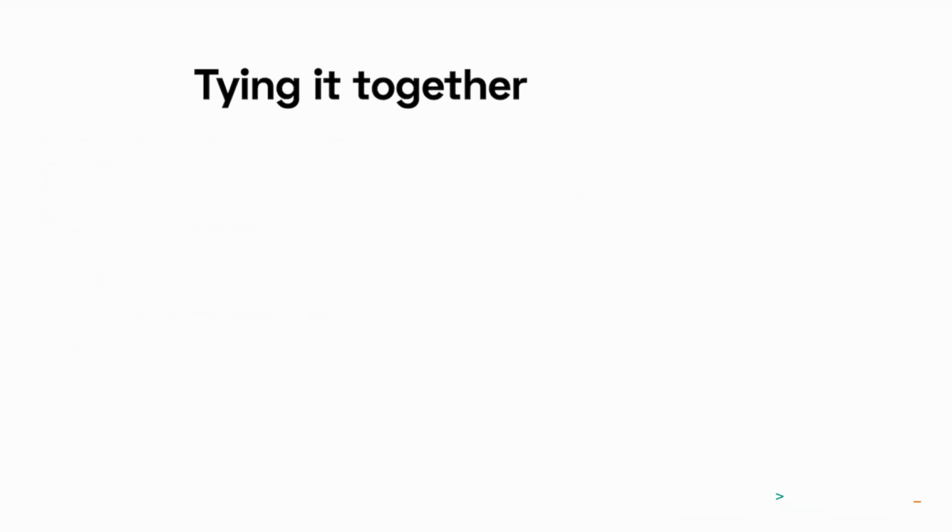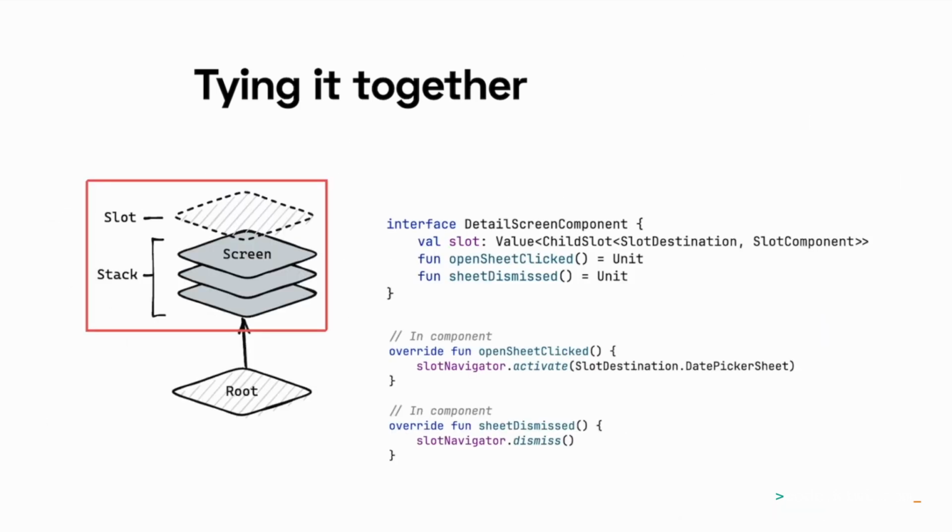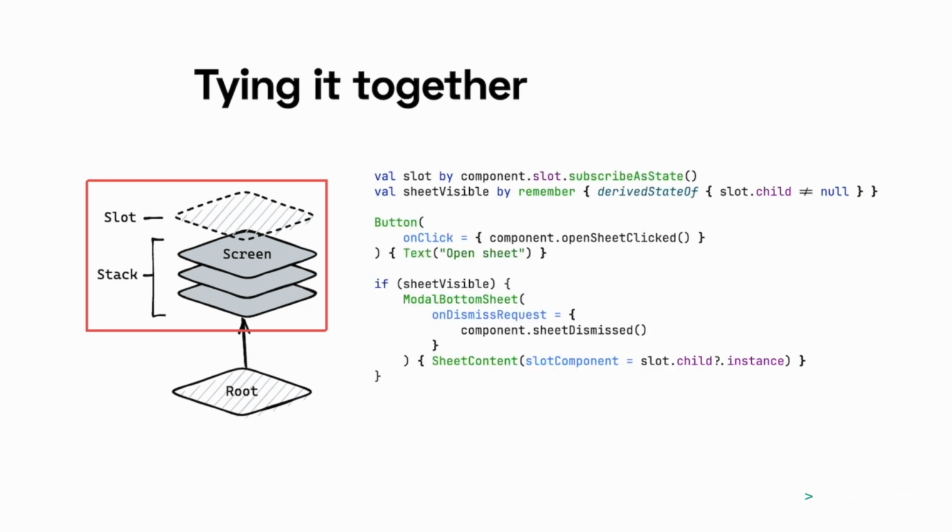Yeah. So what about the slots? Slots work really similarly. You just create your slot in your root component or in whatever component you want. You can create a slot in the component that is displaying your screen, and you call activate or dismiss on it, and it gets activated. And from the native UI, you also observe that state.